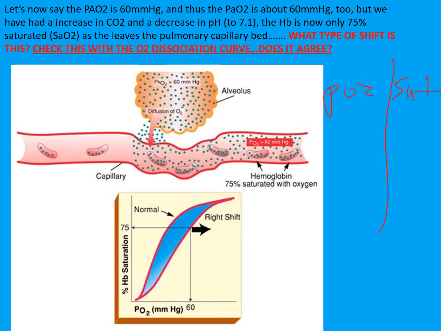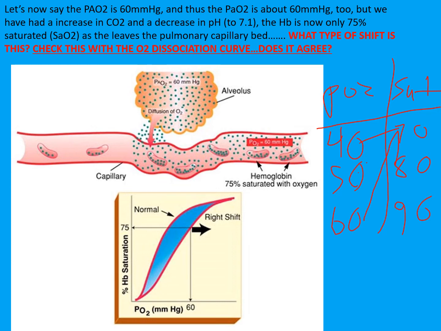Let's look. 4, 5, 6, 7, 8, 9. So their PO2 is 60, but their saturation, if their curve was normal, should be in the 90s, but instead we have a saturation in the 70s.